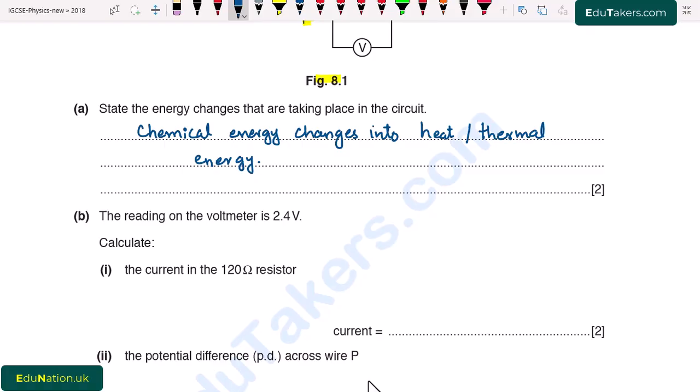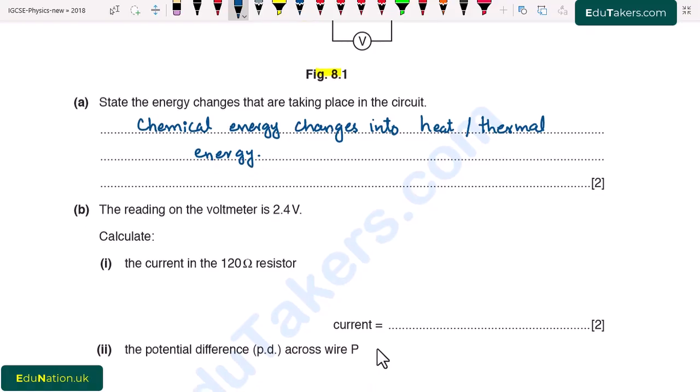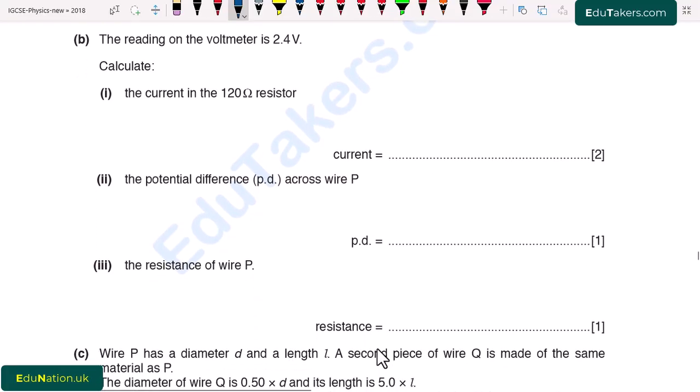Part B, the reading on the voltmeter is 2.4 volt. Calculate, first part, the current in the 120 ohm resistor when the reading on the voltmeter is 2.4 volt.